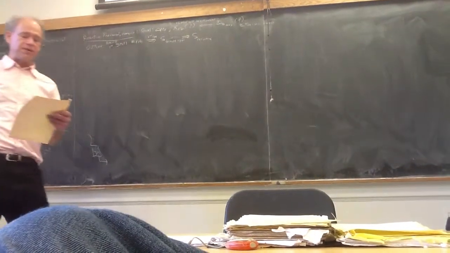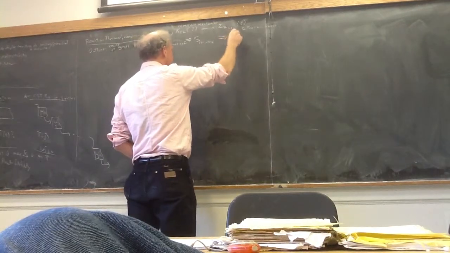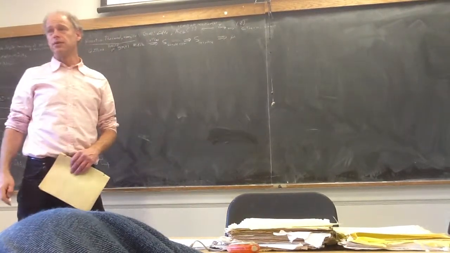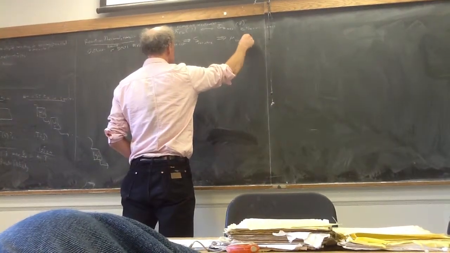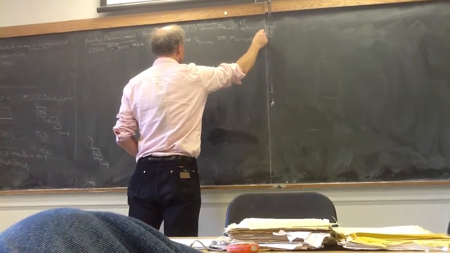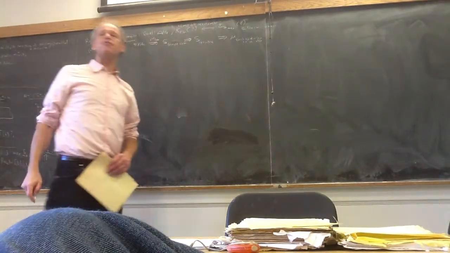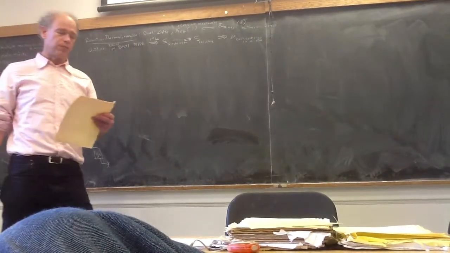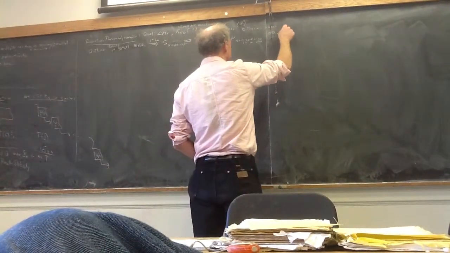And once we have the entropy of a mixture, we're going to come up with an expression for the chemical potential, mu, of each species in the mixture. And once we have an expression for the chemical potential, we're going to come up with an expression for the change in Gibbs free energy with reaction.